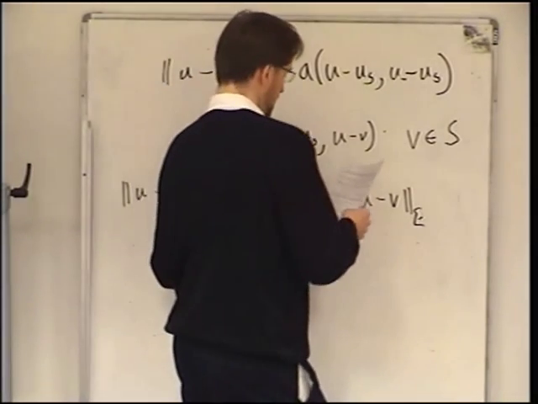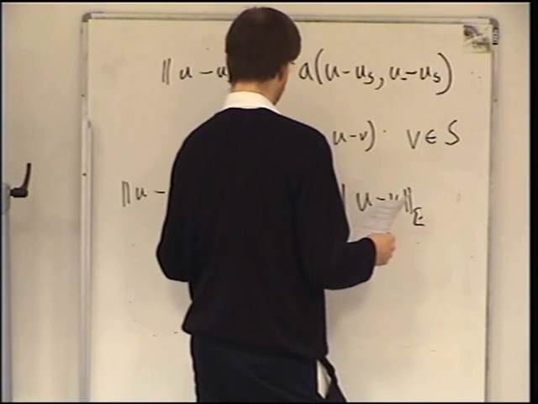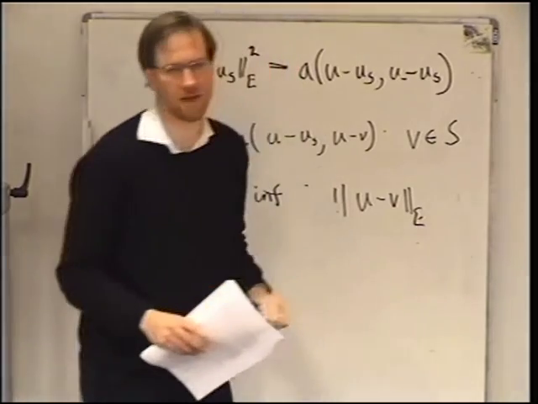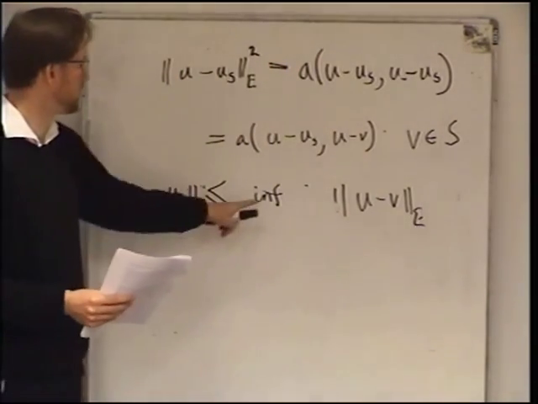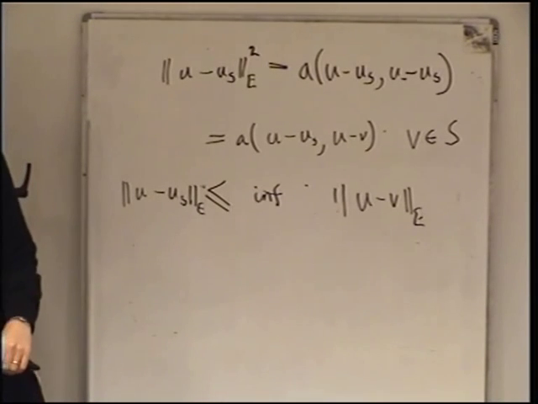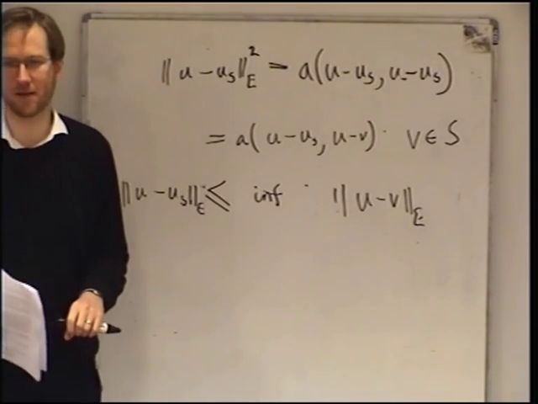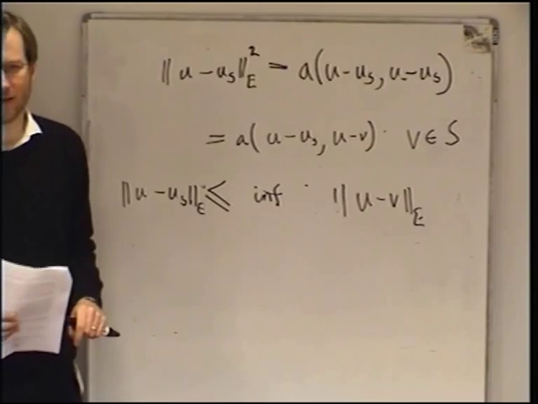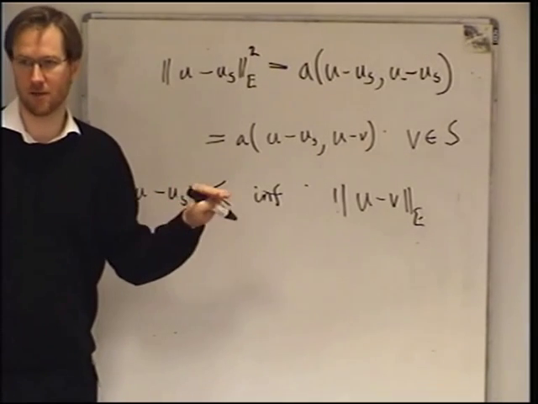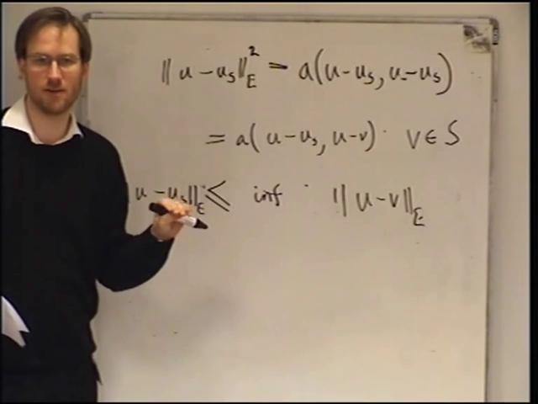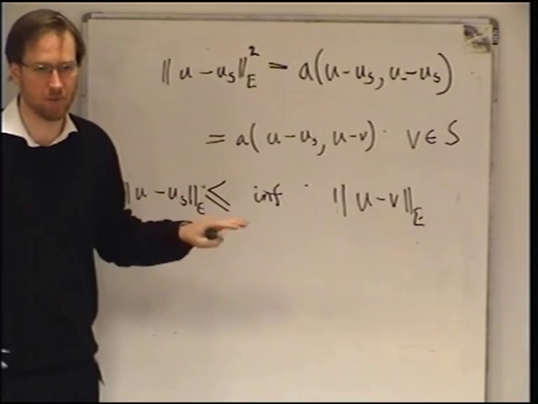So the infimum is a technical mathematical term in these spaces. You can think of that as just meaning minimum. The difference between an infimum and a minimum is that a minimum must exist in the space you're looking at, and an infimum need not be in the space. It might lie outside the space.